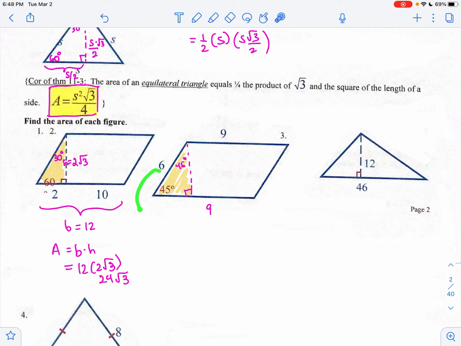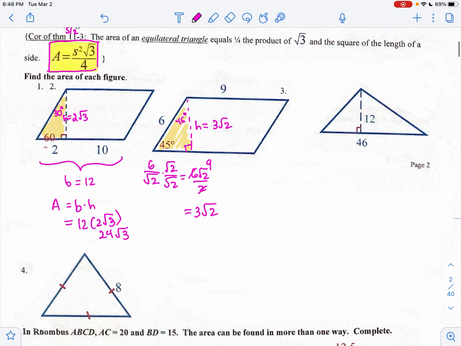So going backwards from hypotenuse to leg, I'm dividing by radical 2. So 6 over rad 2, which we can simplify by multiplying top and bottom by rad 2. We get 6 rad 2 over 2, or in other words, when I reduce the 6 and the 2, I get 3 radical 2. And so if this side length is 3 radical 2 and this is a 45, 45, 90 triangle, I can also conclude that the height or the altitude is also going to be 3 rad 2.